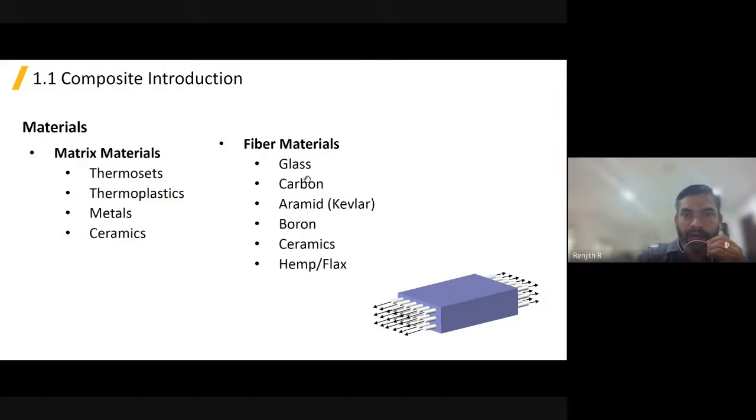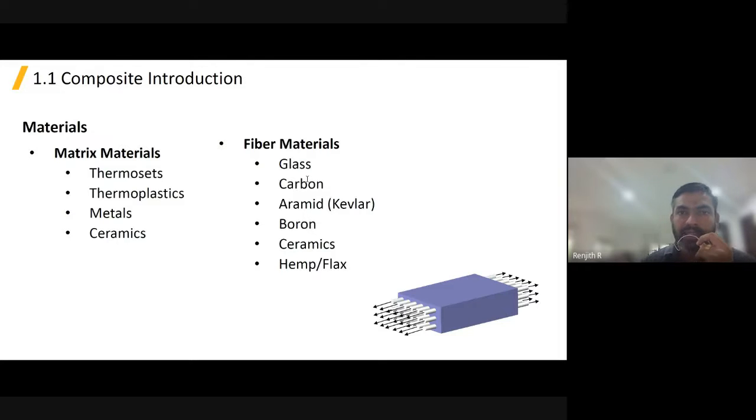And this is actually a small list of fiber materials and matrices, because a lot of research is going on into what materials we can use for the matrix and the fiber. One such research area is natural fiber composites, where we can use naturally occurring materials of natural origin, for example sisal fiber, coir, hemp, or flax.